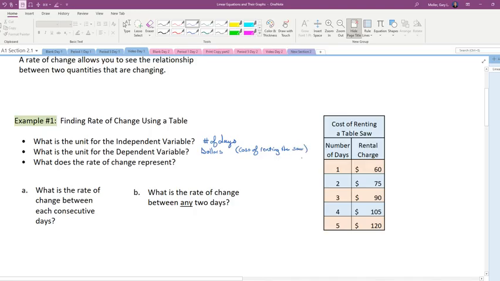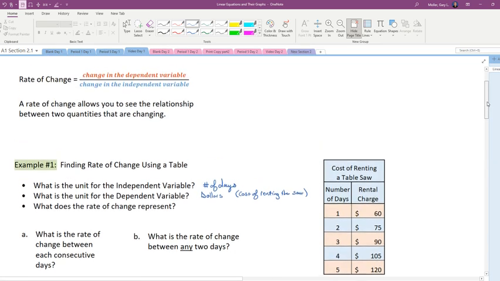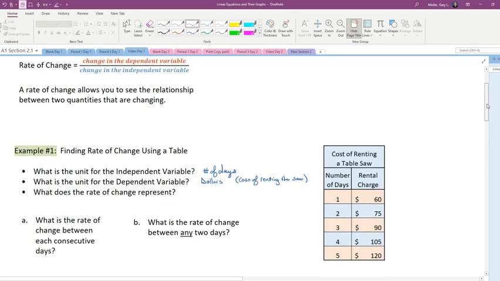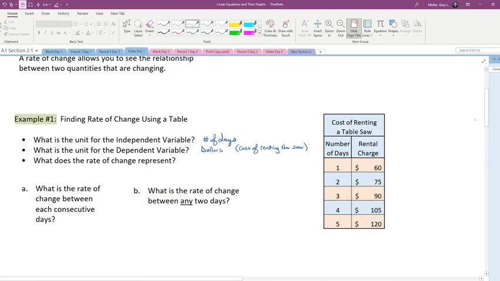Okay. What does the rate of change represent? So, once again, if we think about what the rate of change represents, it's a look at how the dependent variable is changing compared to the independent variable. So, if we think about the unit that goes with the rate of change, the dependent variable is on top and the independent is on the bottom.